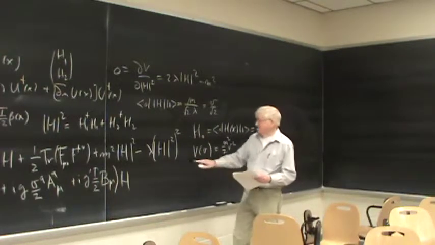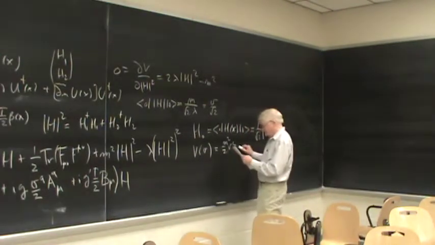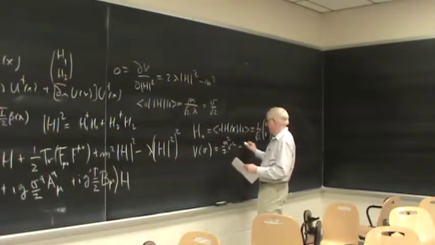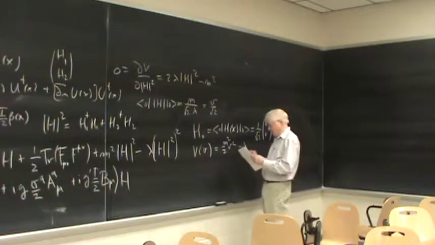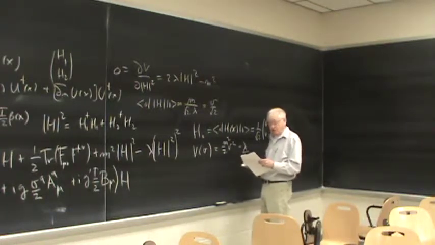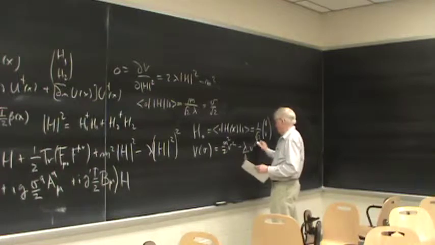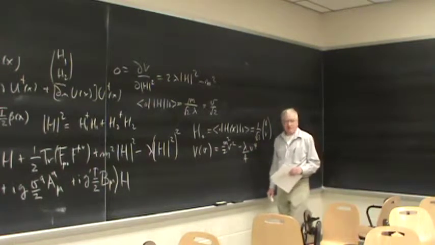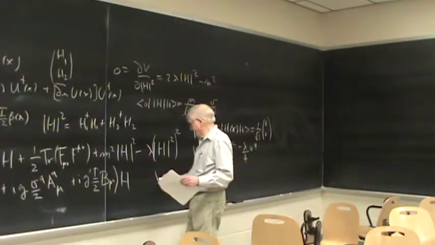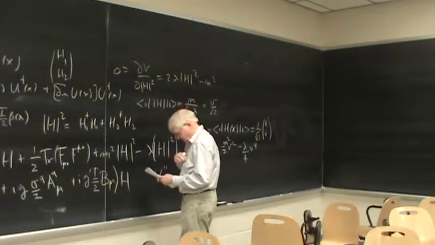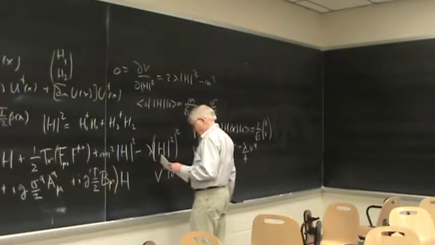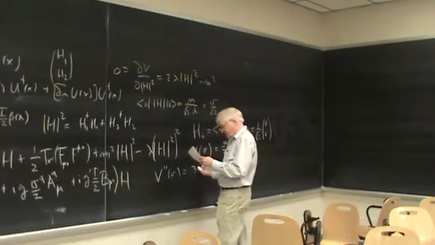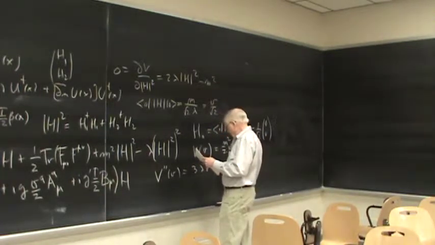And then there's this term, which is minus lambda, but now it's root 2 to the 4th. So that's actually 4. And v to the 4th. So that's what we're talking about. Now we compute the second derivative there. So let me just circle this typo. Taking the second derivative, we get 3 lambda v squared minus m squared.